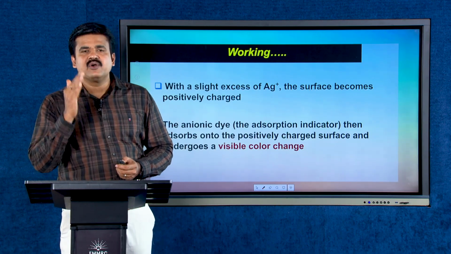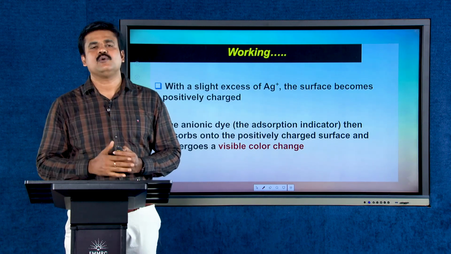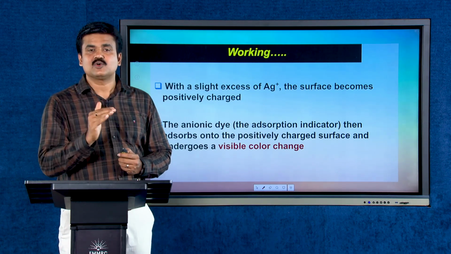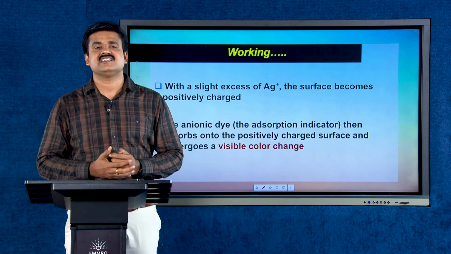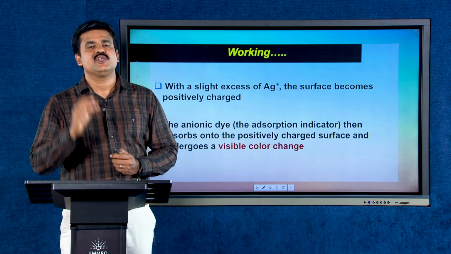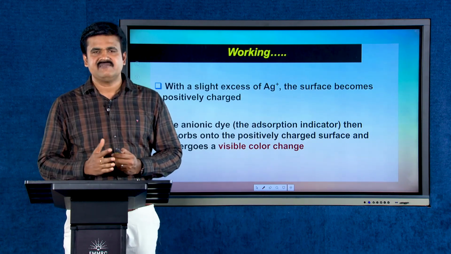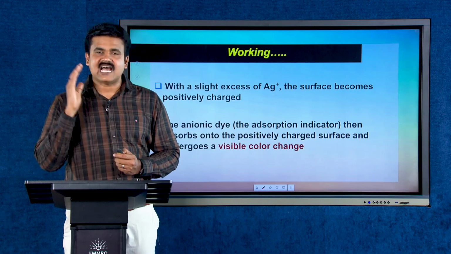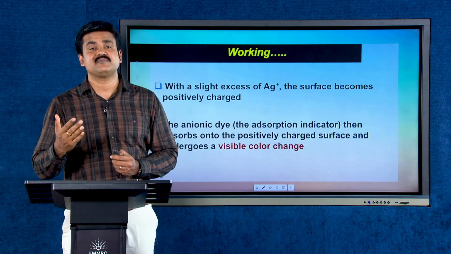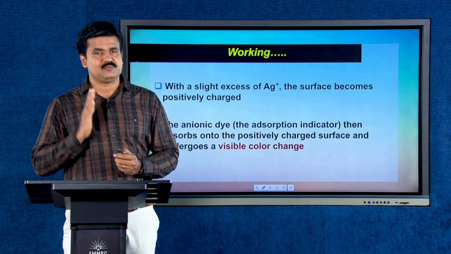The anionic part of the organic dye, that is the adsorption indicator, then adsorbs onto the positively charged surface and undergoes a visible color change. Imagine you are using an adsorption indicator which is a dye having an anionic part. This anionic part selectively adsorbs on the surface of the positively charged precipitate, and this positive charge will be generated only after the end point.